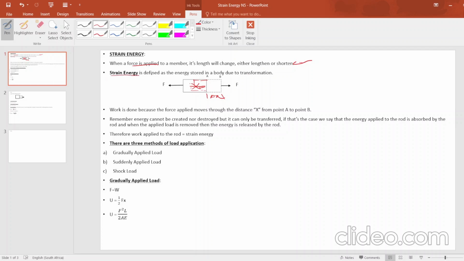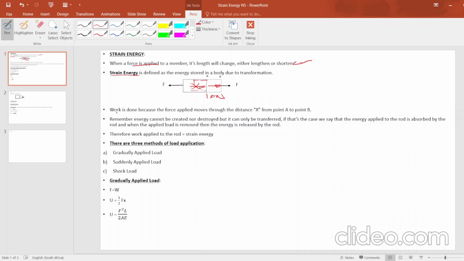Meaning, when you apply the force and there's a transformation, as you can tell, there's a change in length. There would be energy stored due to transformation. That's what we will be dealing with on this topic.